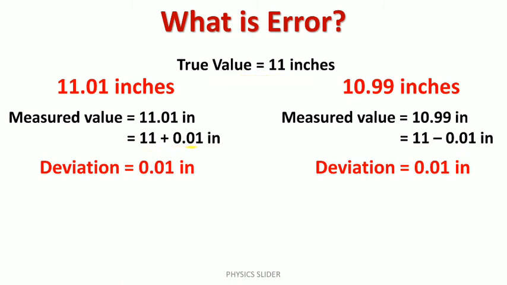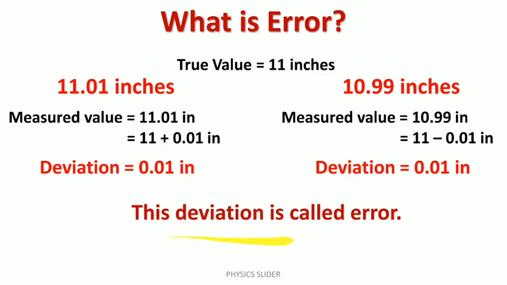Here it is plus with the true value, here it is minus, but there is a deviation. The deviation between the true value and the measured value is called error.